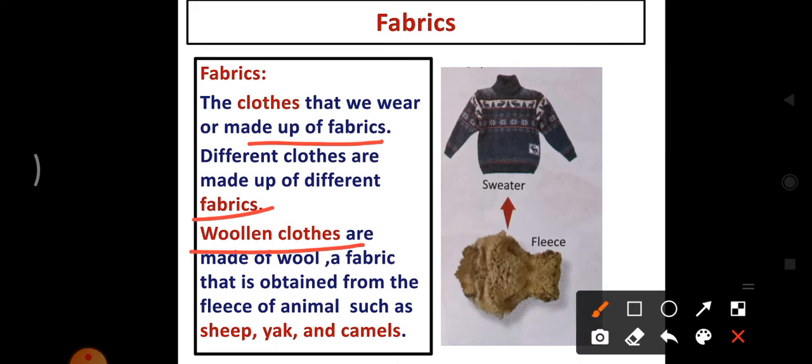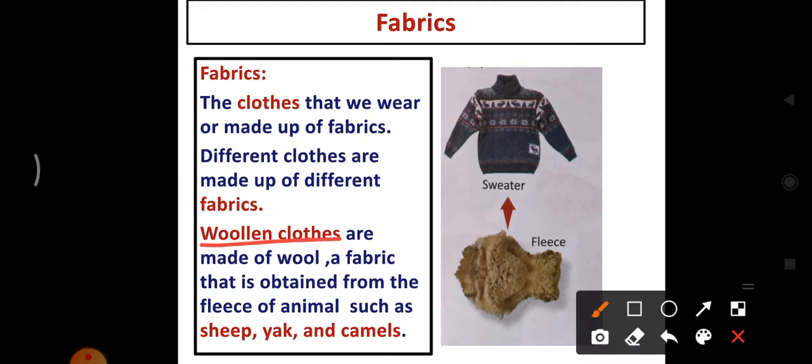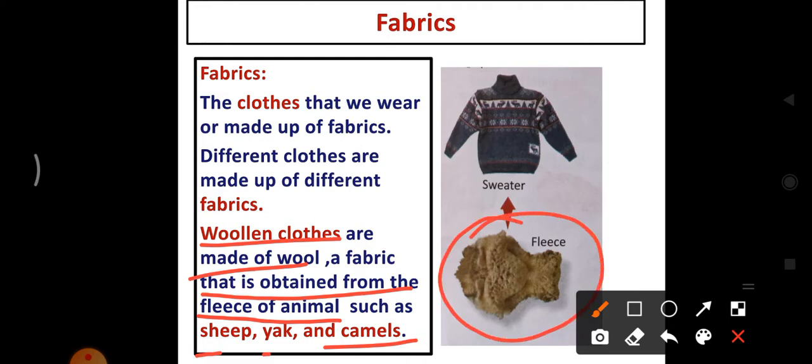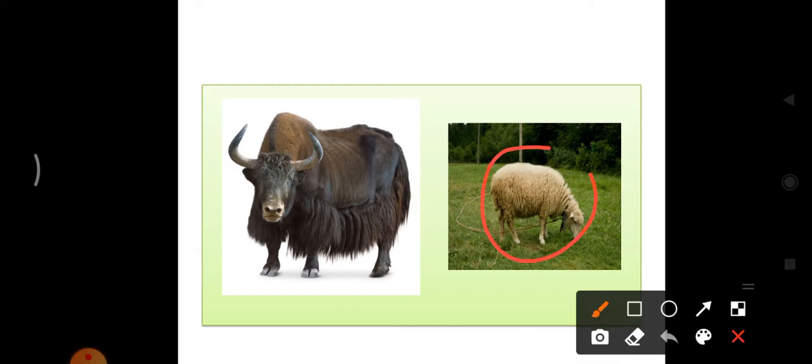See, this is an example of woolen cloth. A sweater is woolen cloth. How is this sweater made? Woolen clothes are made up of wool, a fabric that is obtained from the fleece of animals such as sheep, yak and camels. This is a fleece. The fleece is nothing but the outer coat of the animals.